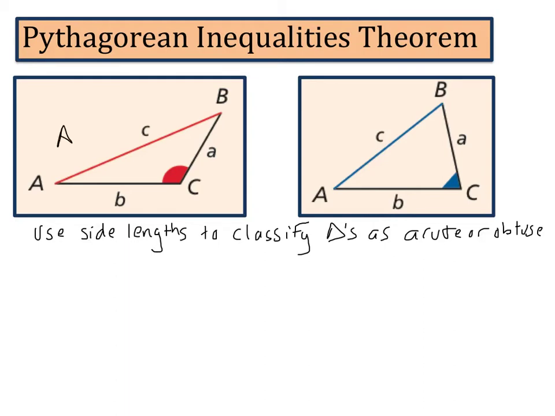Now, for our example right here, by looking at it, we can probably estimate that this is going to be an obtuse triangle. But why is that? Well, we can use the Pythagorean Inequality Theorem to help us prove that.